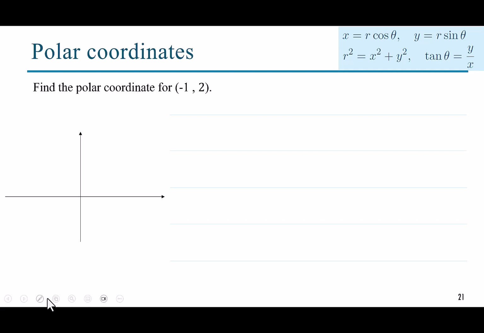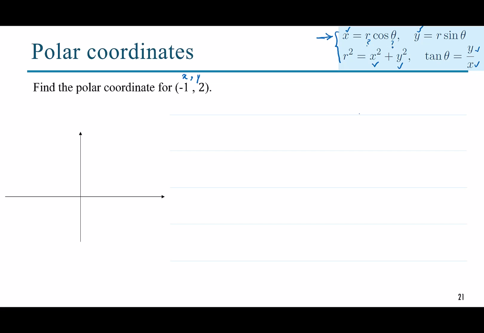Now, another way to solve this is using these formulas that we talked about and showed in class. We know that we have x and y, so we know these two, or in the next two we know these two. So we can either use this formula and we would have two equations and two unknowns, and the unknowns are r and theta.